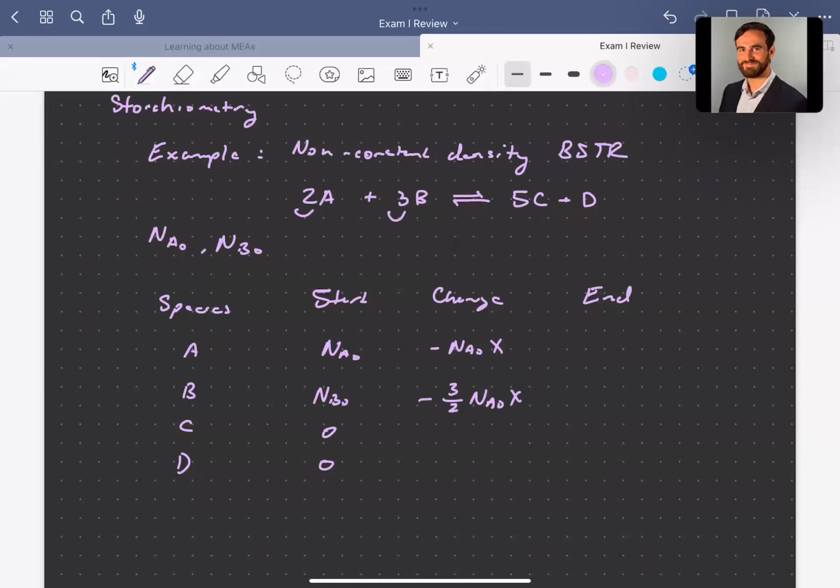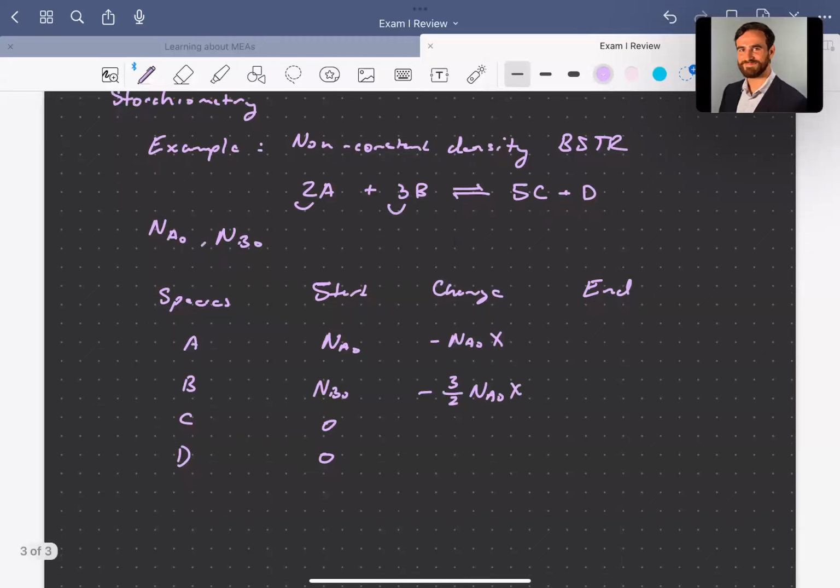And then for our products, we have positive change. So we have 5/2 Na naught times X for C, and 1/2 Na naught times X for D, since these are formed in stoichiometries of 5 to 2 for C and 1 to 2 for D. So now we have expressions for all of our terms, all in terms of conversion of A. So our species A will have Na naught times 1 minus X moles at any time t.